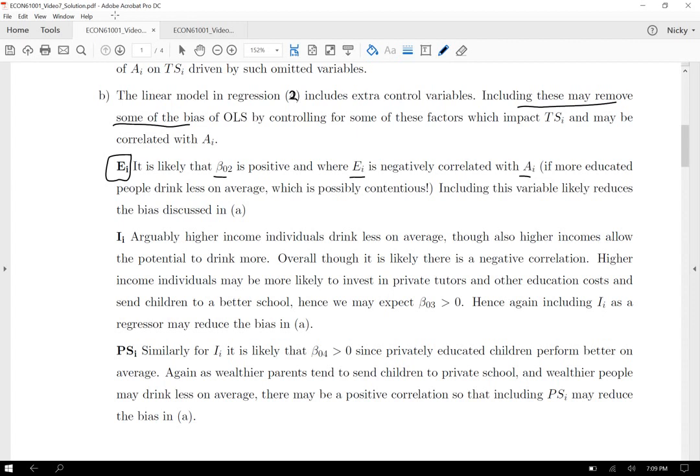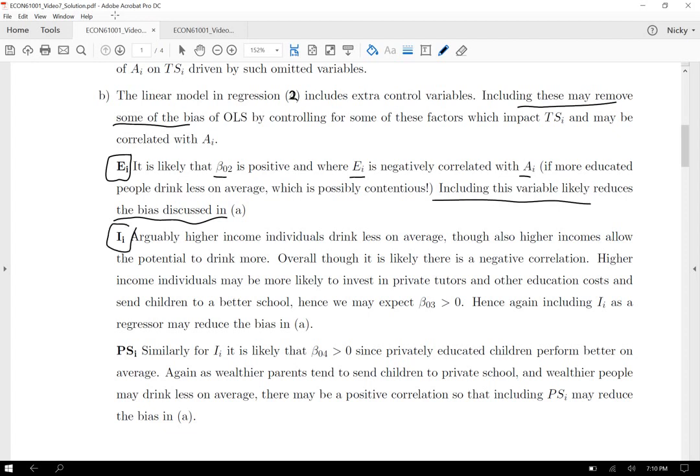So including this variable in the regression likely reduces the bias. And remember, there was a negative bias before. We've essentially removed one of the factors which was causing a negative bias. So including education would likely reduce some of the bias in the original regression, where we didn't control for education.